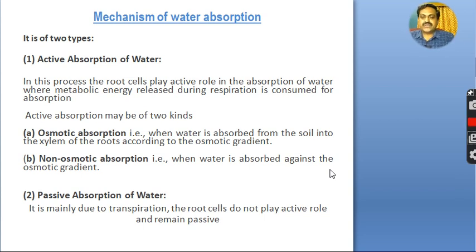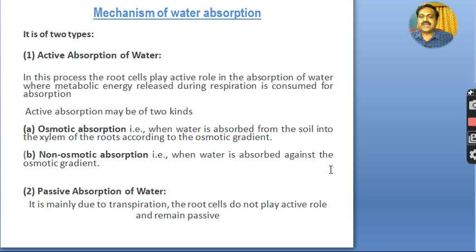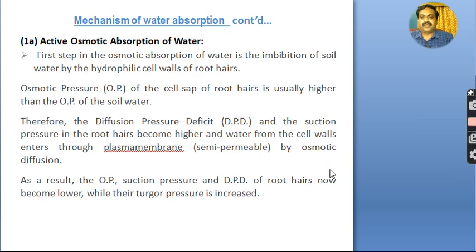In such cases, absorption takes place mainly due to the energy or the pull or the force which is created during transpiration, which is called transpiration pull. Such an absorption of water which takes place due to transpiration pull, where the root cells remain passive, is what is referred to as passive absorption.